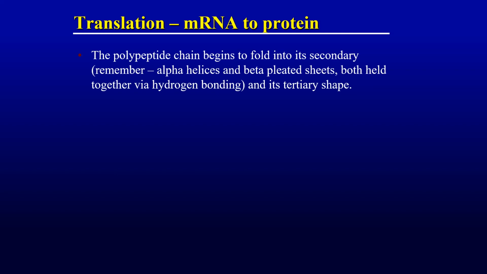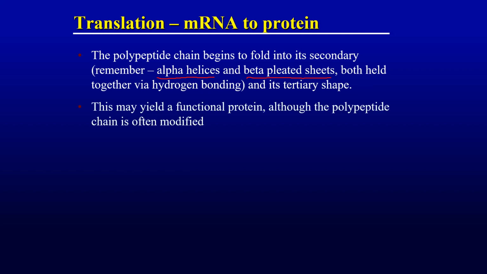So then it begins to fold into its secondary structure, and that is composed of alpha helices and beta pleated sheets. You might have to cast your mind back to chapter 5 when we talked about macromolecules to remember that. They're both held together by hydrogen bonding. Once it forms its secondary shape, it will fold into its tertiary shape. And if there are additional polypeptide chains, it will form a quaternary structure.